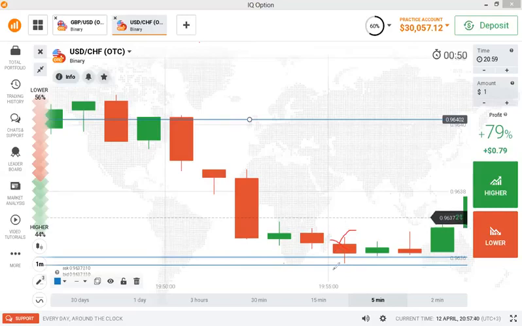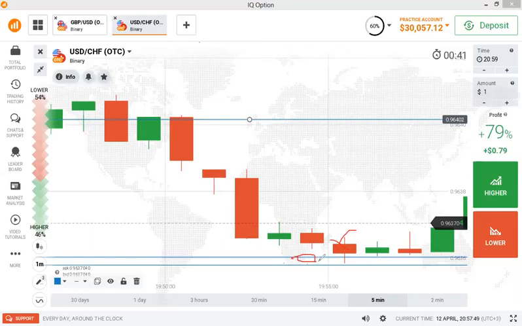I will tell you the reason why. I told you that you wait for the candle to close inside this area, then with a rejection you place call. But here you can see it closed above. So it's too risky for you to place call here. You should wait for the candle to close inside with the rejection.